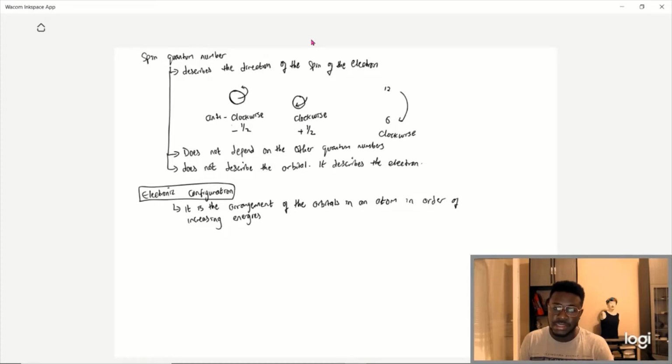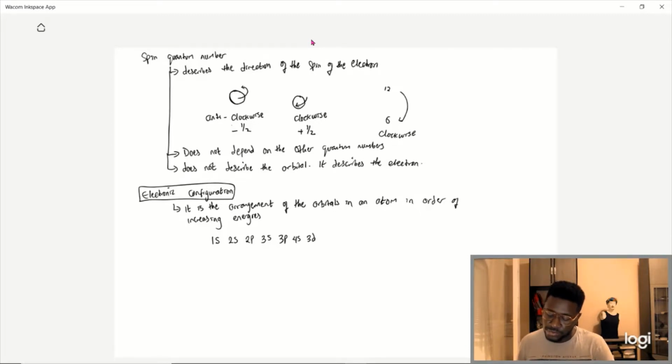What this means is that the orbital 1s with the smallest energy is going to be written first, followed by 2s, then 2p, and then 3s, and then 3p, and it continues for 4s, 3d, and so on.